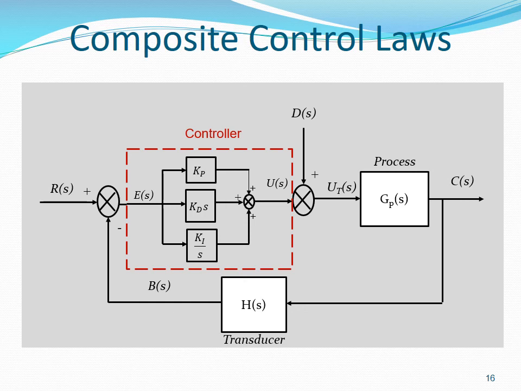The outputs of the controller components are added together to give the overall control action U(s). The respective amounts of the proportional control, the derivative control, and the integral control are determined by Kp, Kd, and Ki.